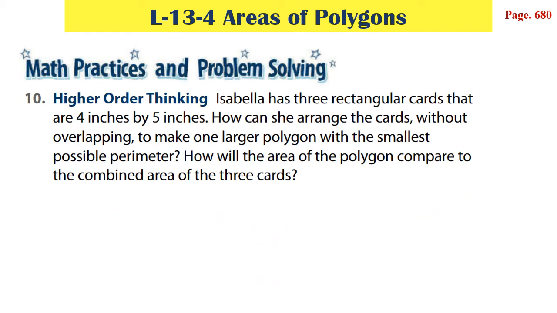Okay, now number 10. Higher order thinking question, are you ready? Very good. The question is, Isabella has 3 rectangular cards that are 4 inches by 5 inches. How can she arrange the cards, without overlapping, to make one larger polygon with the smallest possible perimeter?